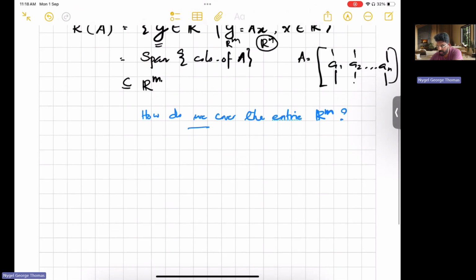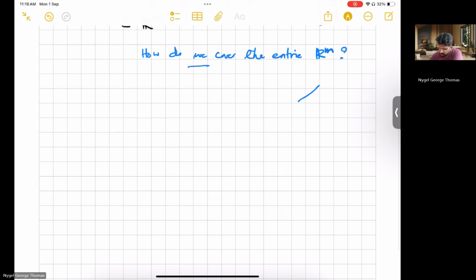So let's say this is the R^m space. At least some parts of it are covered by the range space, where A is the transformation which takes a vector from R^n to this R^m space.